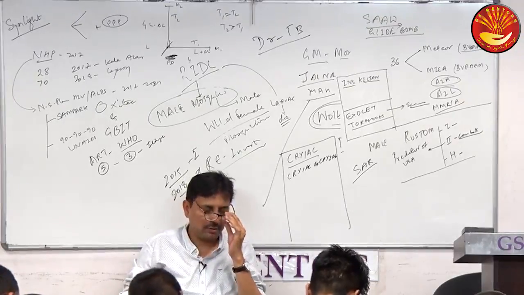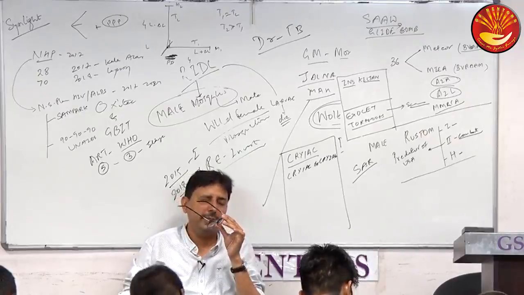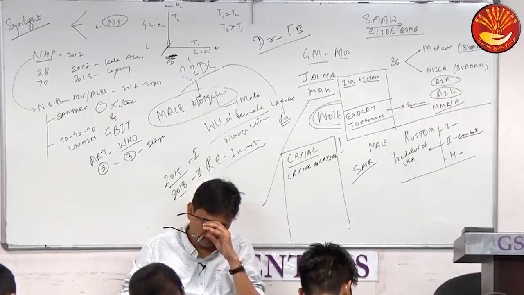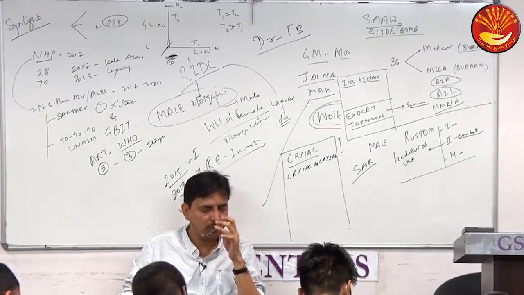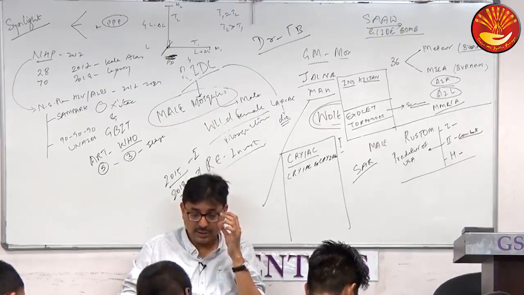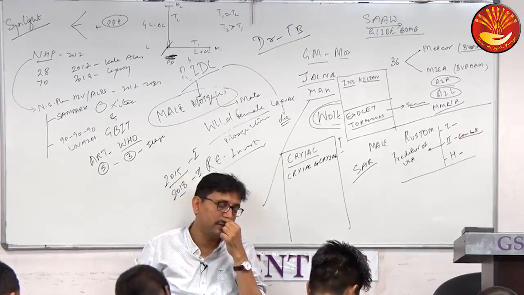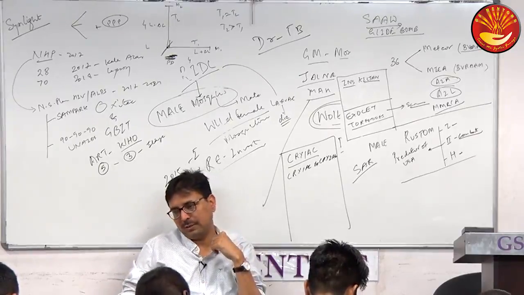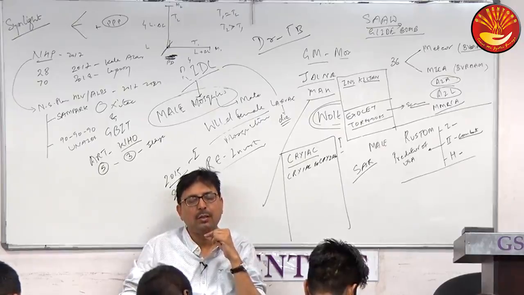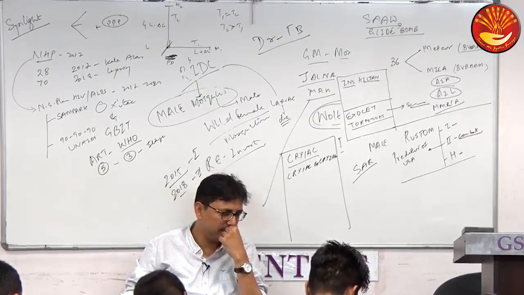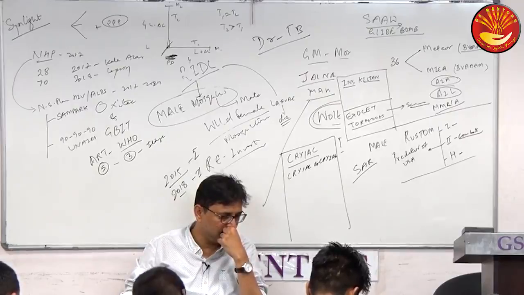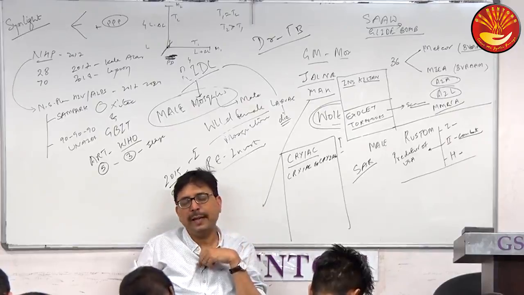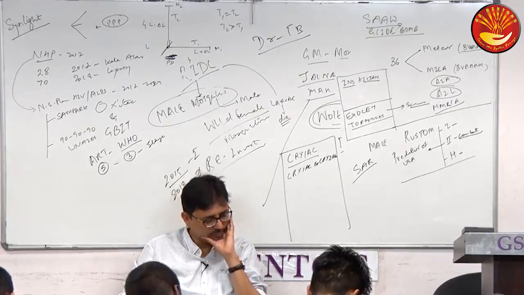90-90-90 is in this only. It is an initiative of UNAIDS. Under that, of the total, in at least 90% diagnosis of HIV will be completed.